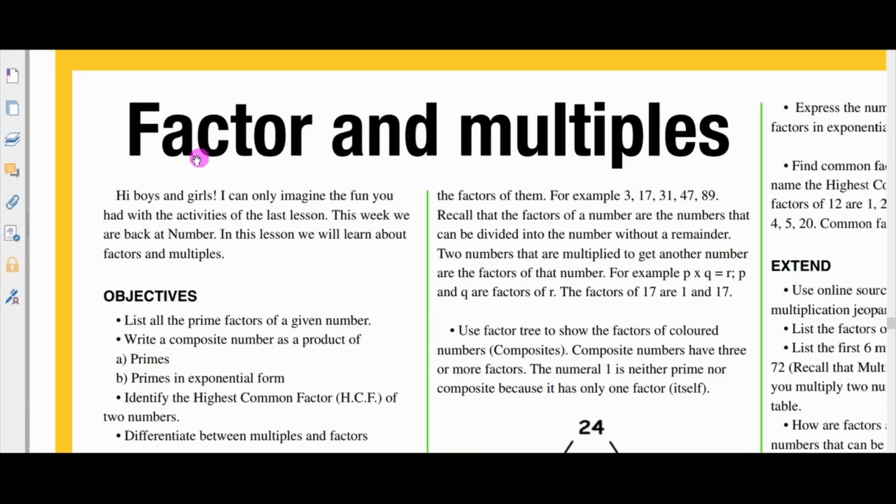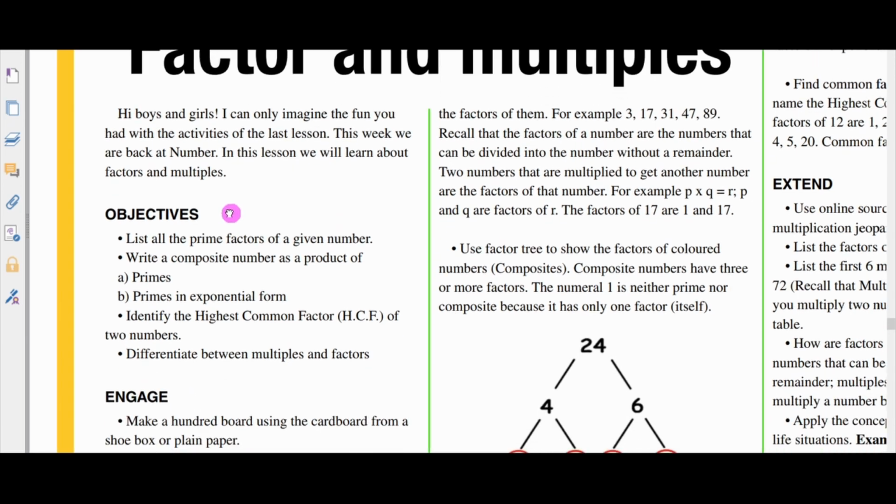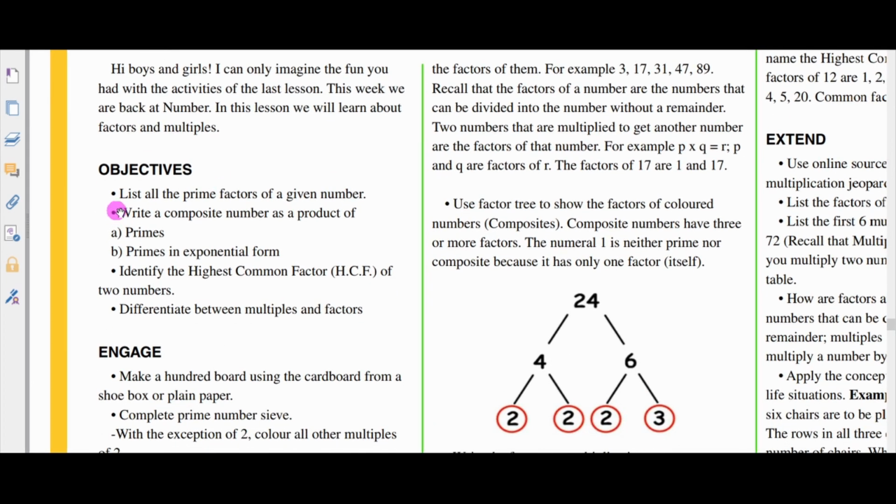In this episode, we look at factors and multiples. Our objectives: list all the prime factors of a given number.